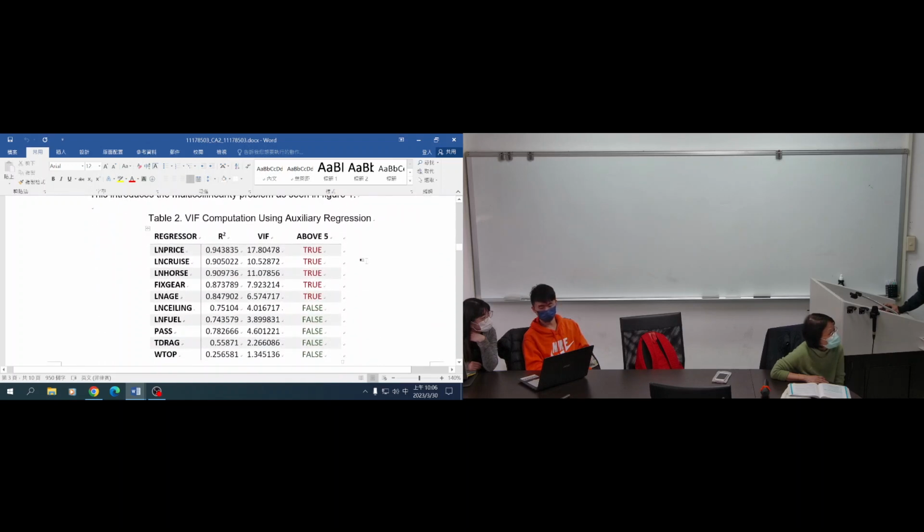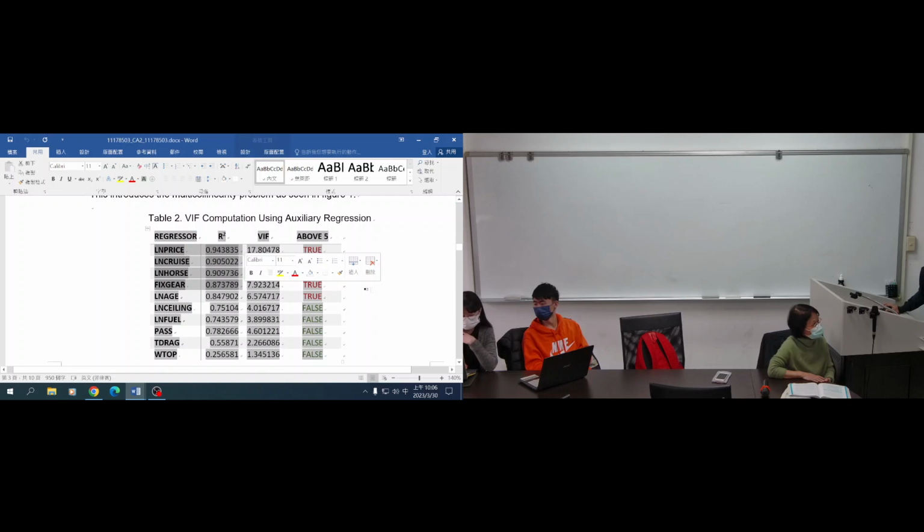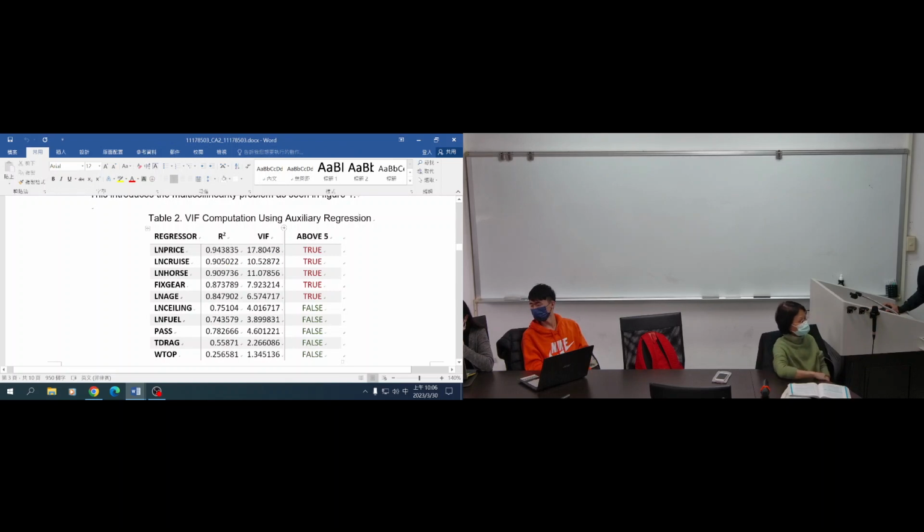Then for the VIF computation, Professor, I did the auxiliary regression. 5 of our regressors here have high VIF values, while the other half, or the other 5, have VIF, or variance inflation factors, below 5.